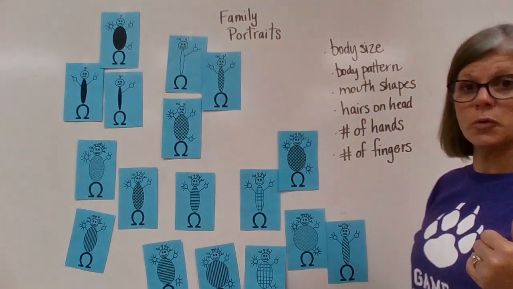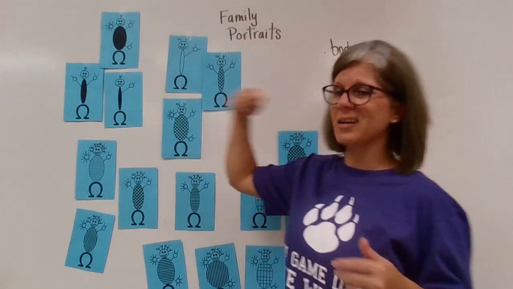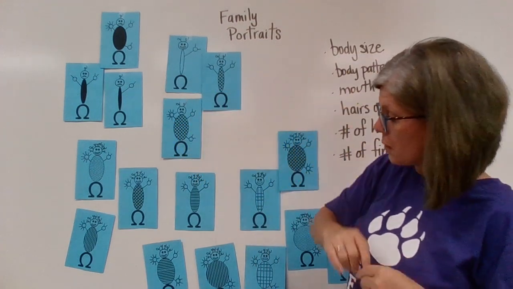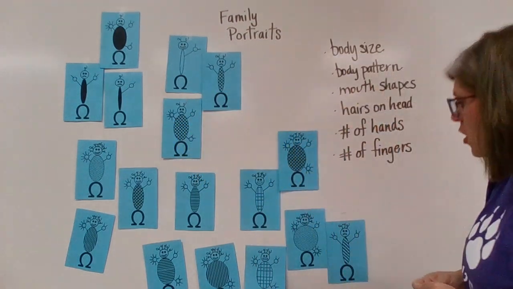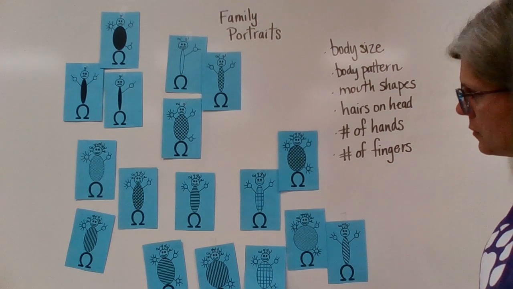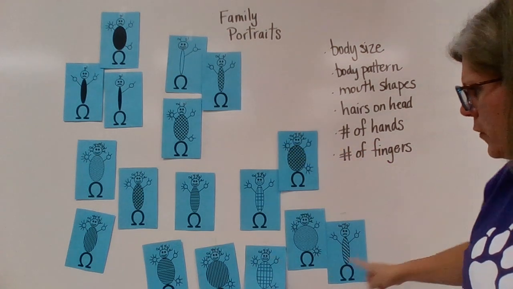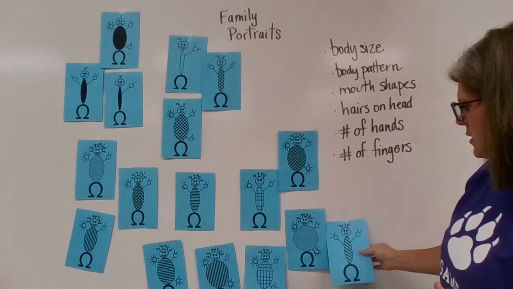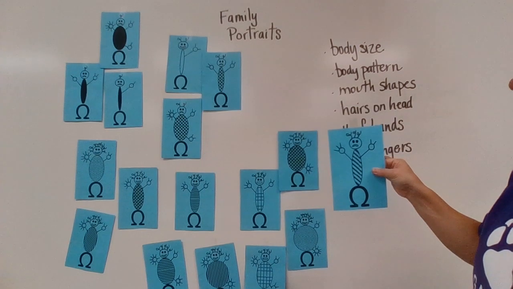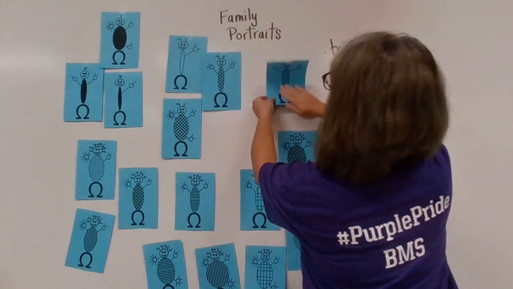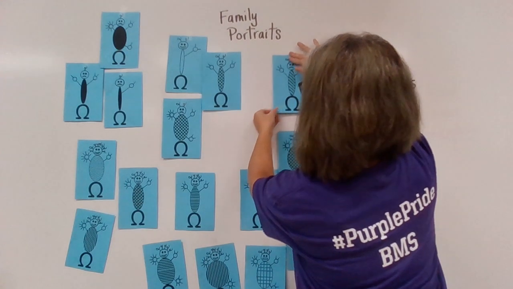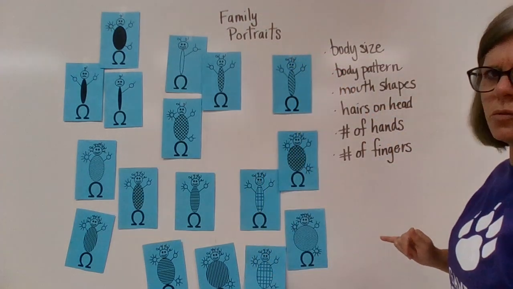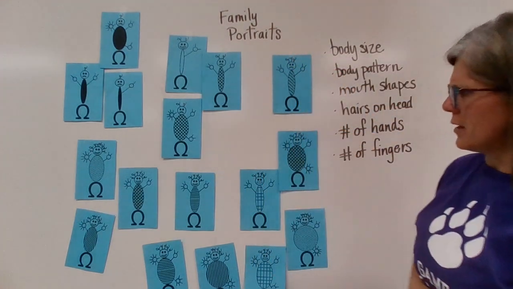Now, if we continue, if we did one hair, then we did two hairs, and we should probably check for 3 hairs if possible. And so if we look, I only see one with 3 hairs. So I'll put that one here. So really don't have anything to compare that one to just yet. That one's kind of on its own.